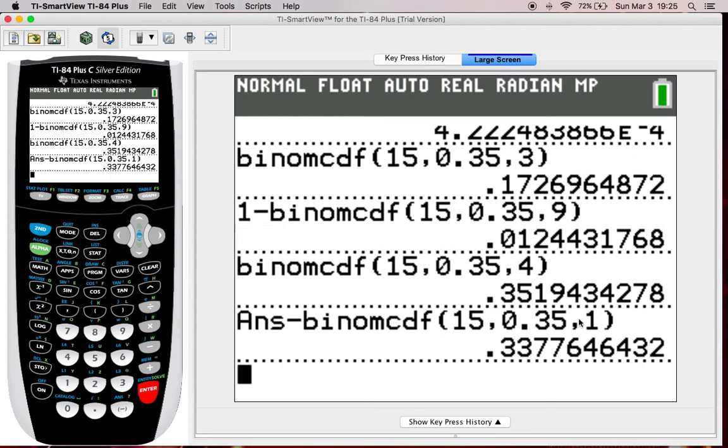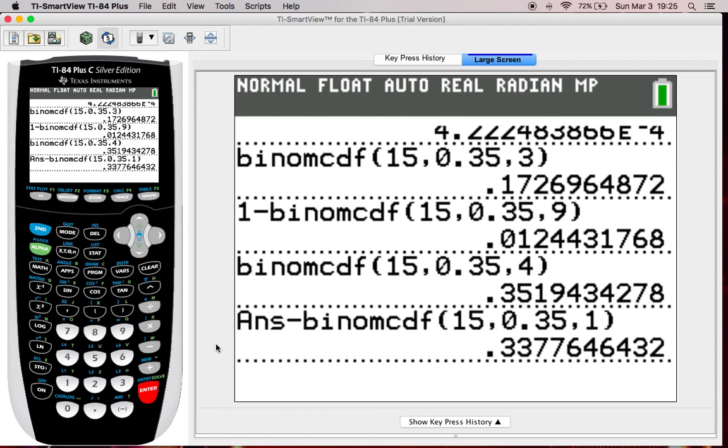So 1 is 1 less than 2, so we subtracted off 1 and 0. If I had put 2 here, I would have also subtracted off 2 because it includes whatever number you put here, and I didn't want to do that. I wanted 2 to be included in this final probability.